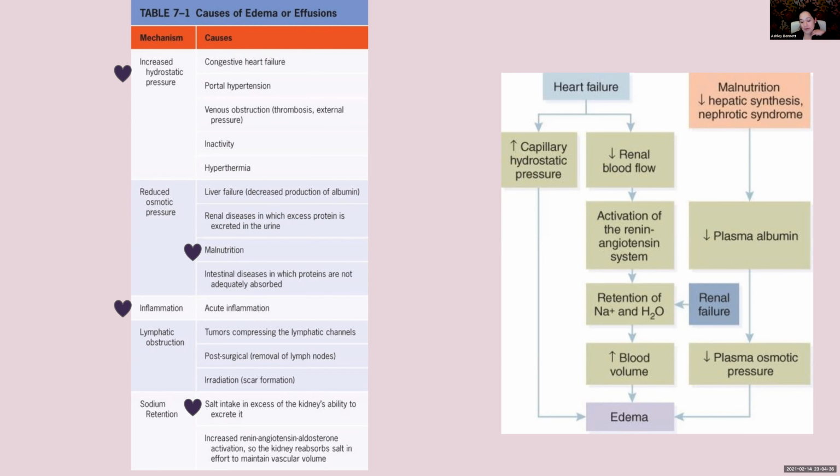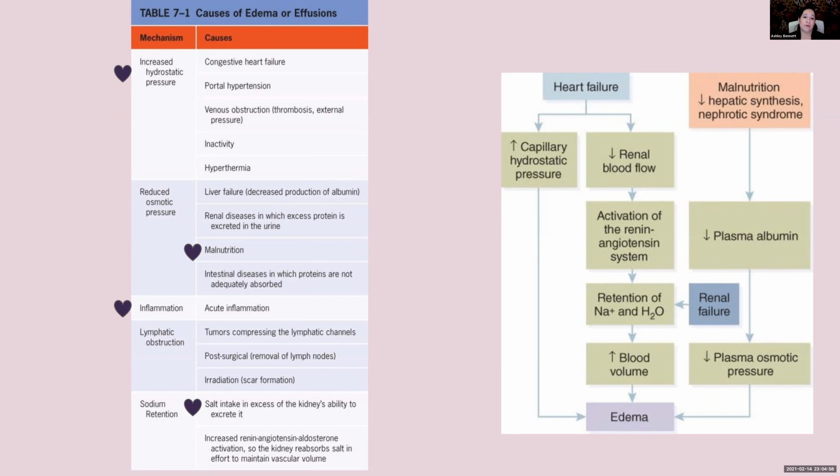And that's really through the renin-angiotensin system. Because fluid is backing up, because blood is backing up in heart failure, it can't move forward. So the organs that usually get that blood flow on the forward end of the heart aren't getting as much blood flow.